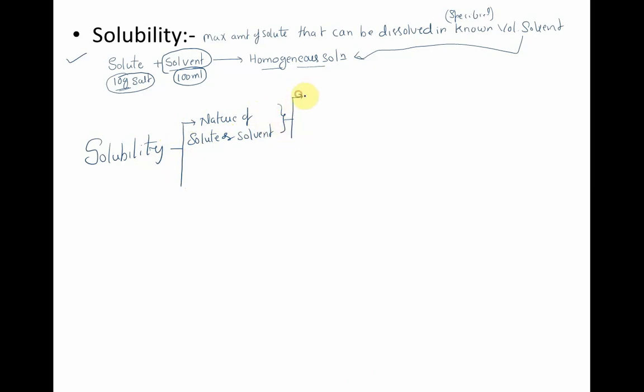So, if we have a polar solute, then it is easily soluble only in polar solvents to form a homogeneous solution. If we have a non-polar solute, then it is soluble in non-polar solvents.